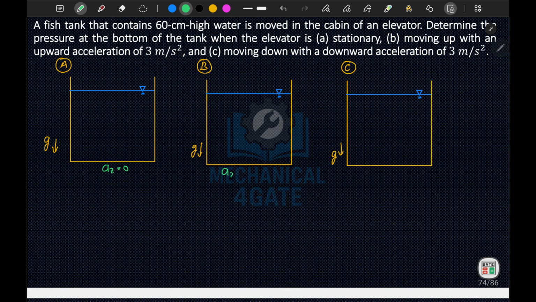Here az is equal to, since it is moving upward, positive, that is 3 meter per second square. And here az is in the downward direction, a downward acceleration of 3 meter per second square, so this is minus 3 meter per second square.